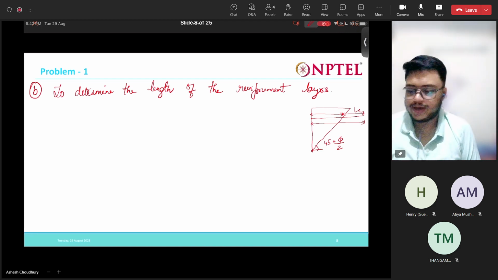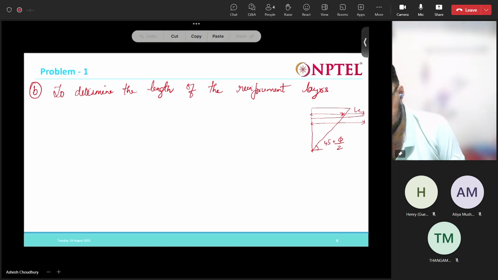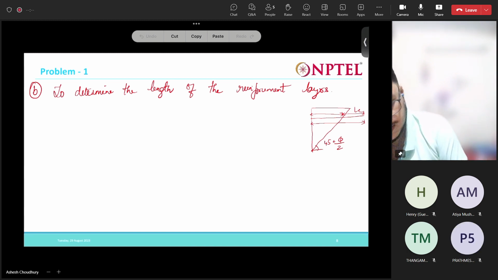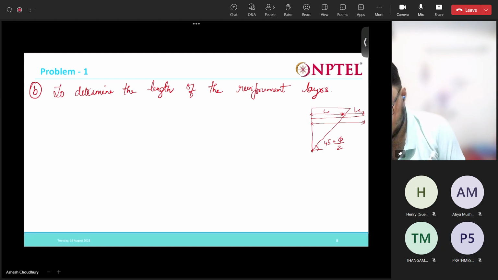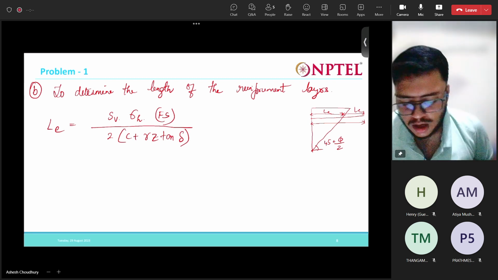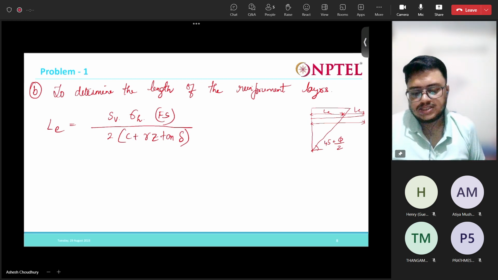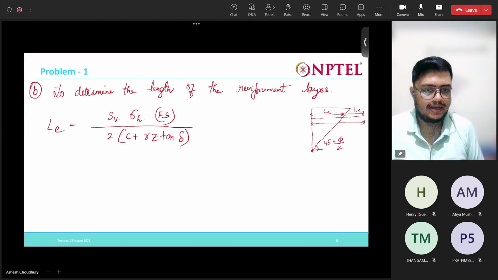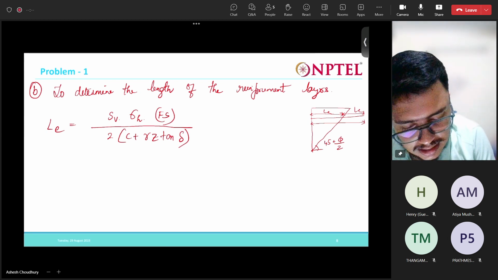Okay, so now what we can do is, if you remember, what we can write is that LE, the embedment length, is nothing but, into factor of safety by, so this part 2C plus gamma Z tan delta into LE, it is nothing but the what?